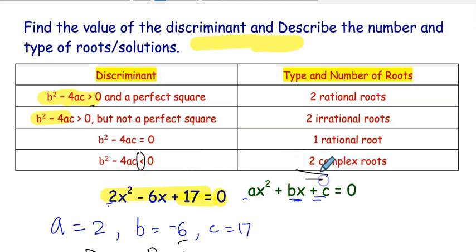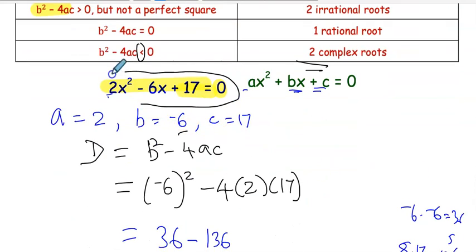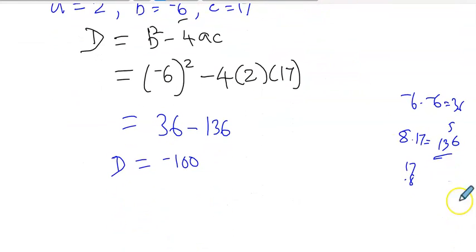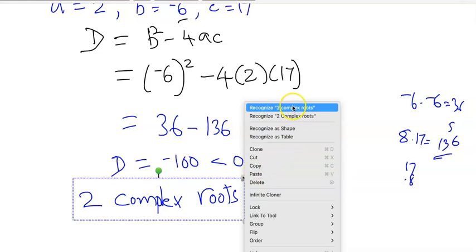Hence, the roots or the solutions for this given quadratic equation are two complex roots, or you can say two complex solutions, because negative 100 is less than 0. Roots are also called solutions. That is your answer.